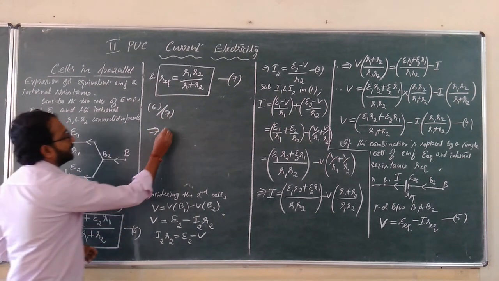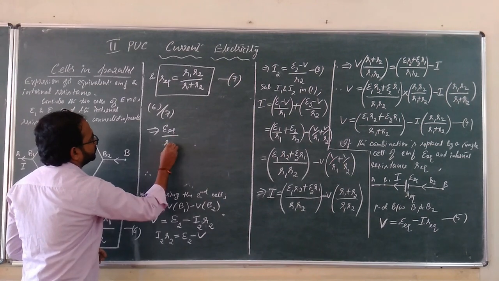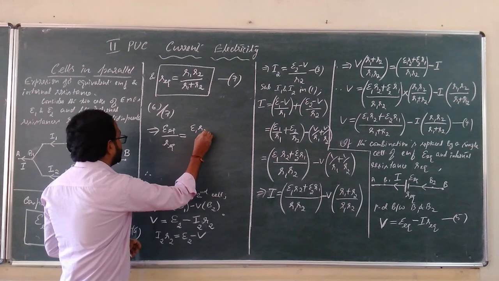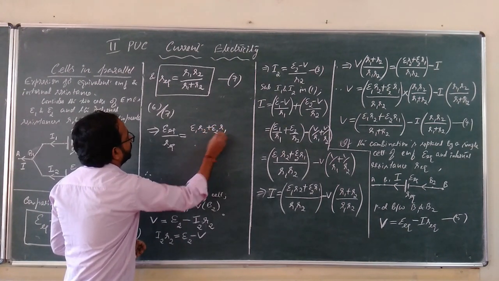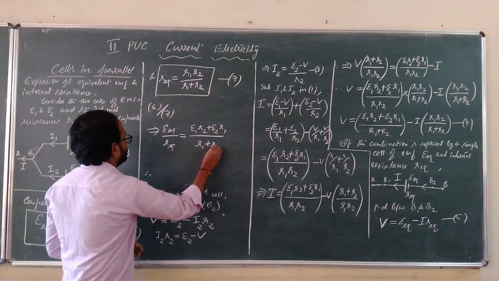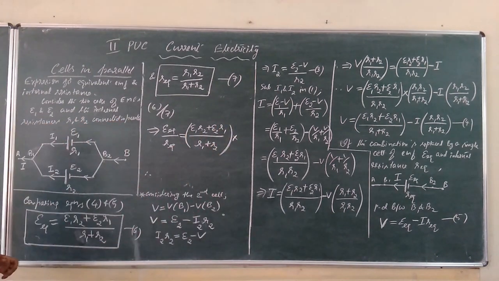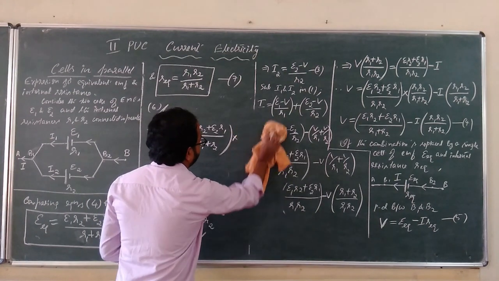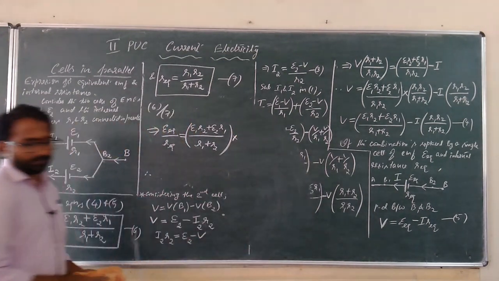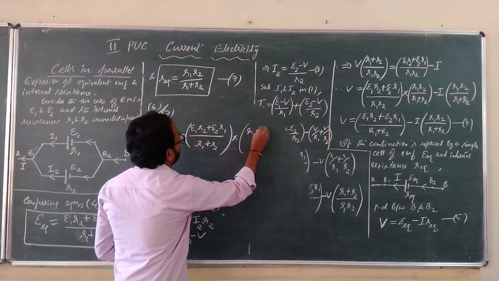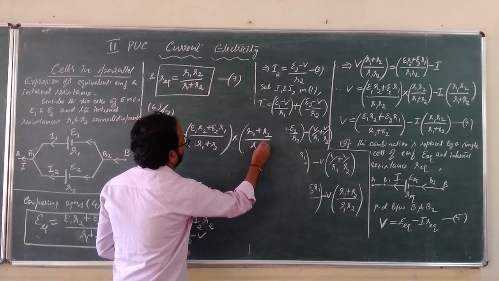E equivalent by R equivalent is equal to E1 R2 plus E2 R1 divided by R1 plus R2, divided by R equivalent, or multiplied by the inverse of R equivalent, which is R1 plus R2 divided by R1 R2.